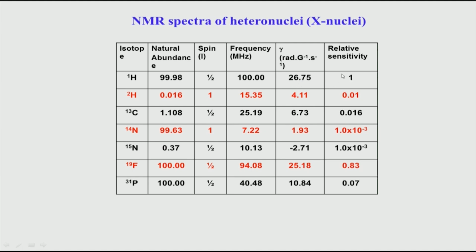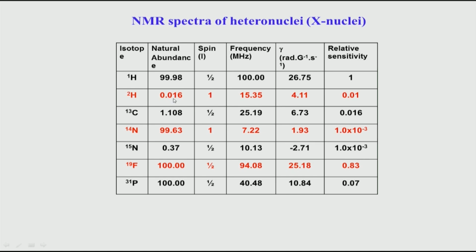Therefore, we normalize or grade all the other nuclei with respect to hydrogen. Hydrogen has a relative sensitivity of 1, and for a given magnetic field, let us say the proton frequency is 100 megahertz. Now, looking at the other nuclei, deuterium has a very low sensitivity.